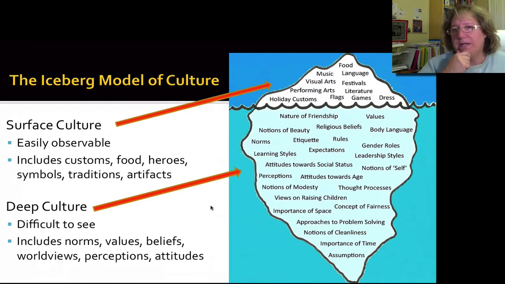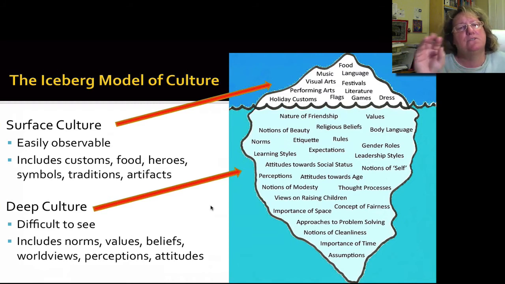My final piece I'm going to work with you on is trying to operationalize culture, just so you get a better sense of it. I found a model referred to as the iceberg model of culture. In an iceberg, the visible part is about 10% of the total size of the iceberg.